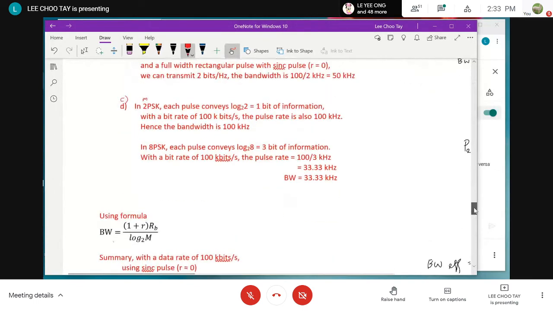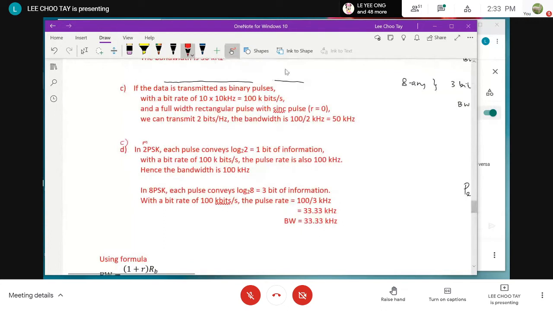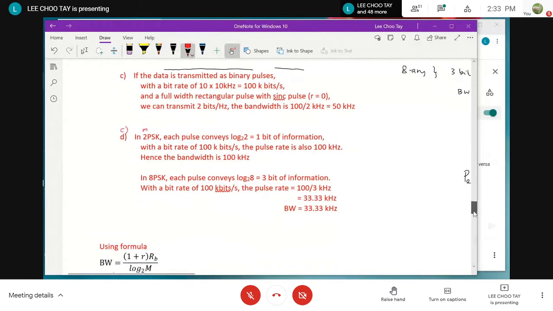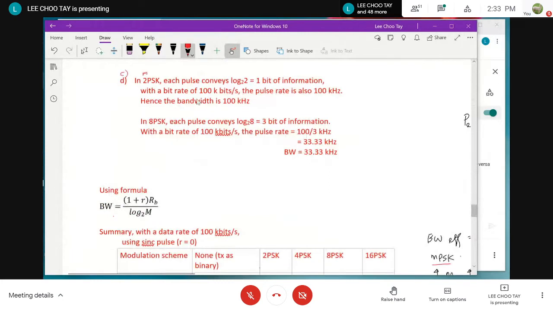Okay, this one I did for the baseband, so I don't want to take that one. I changed the question, but I forgot to change the answer.